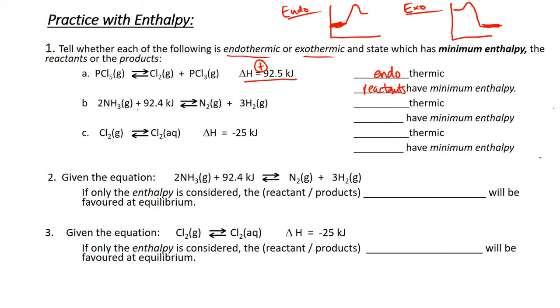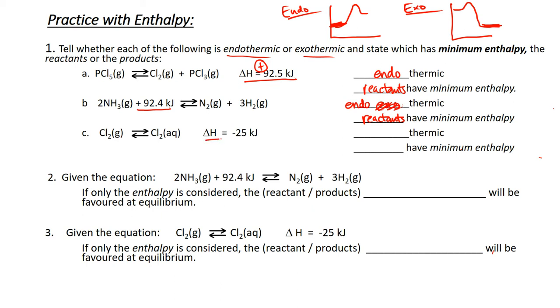Question B, we've got our energy term on the reactant side. That's energy being added. So remember, that's identifying this as exothermic, or pardon me, totally backwards, endothermic. Since we're endothermic, again, my reactants have lower or minimum enthalpy.